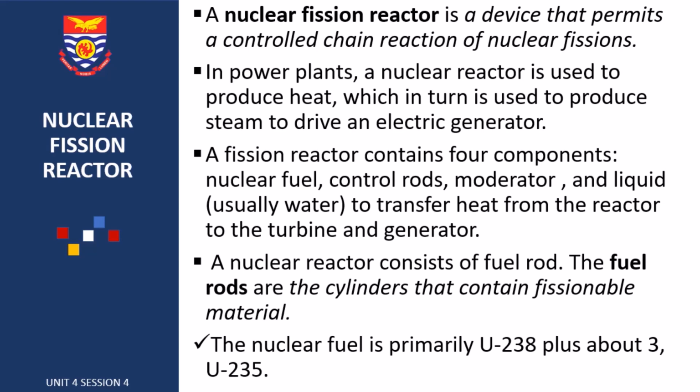The fuel rod usually is a cylinder that contains fissionable materials, and the nuclear fuel is primarily uranium-238 plus about 3% uranium-235. It's important to know that because the uranium-235 isotopes are highly diluted with uranium-238, an explosion like that of a nuclear bomb is not possible.